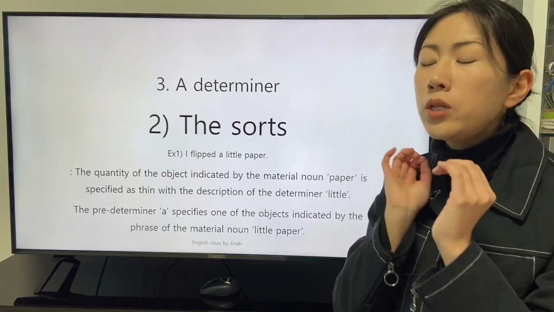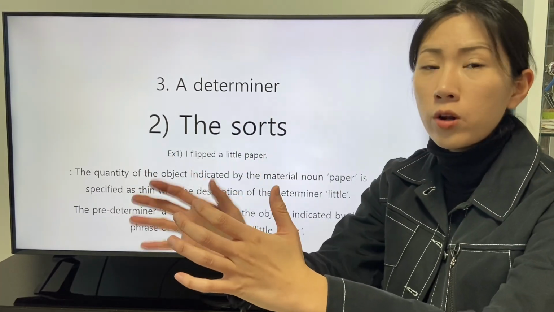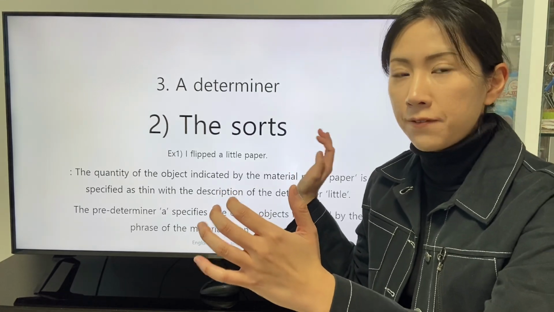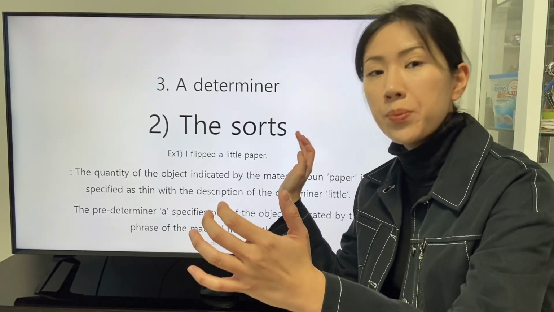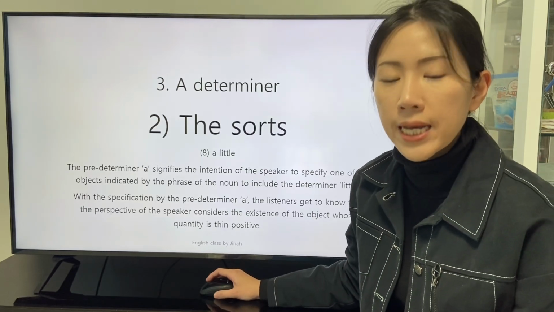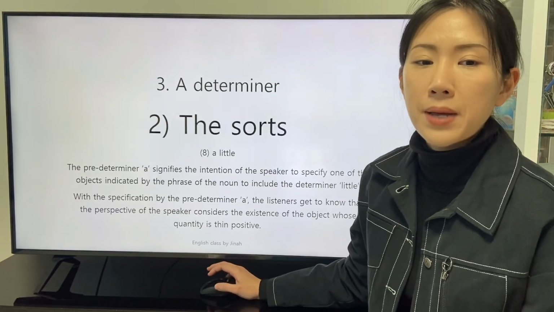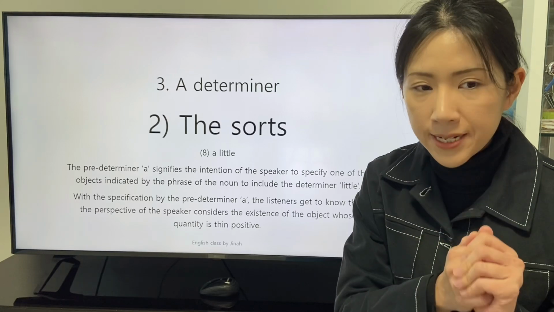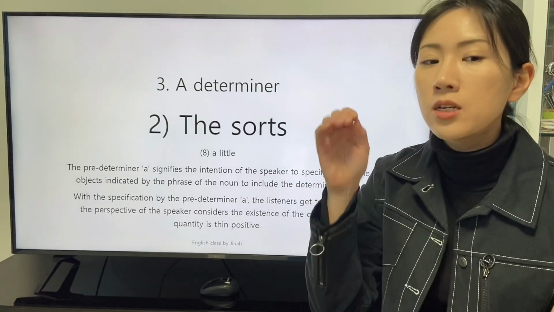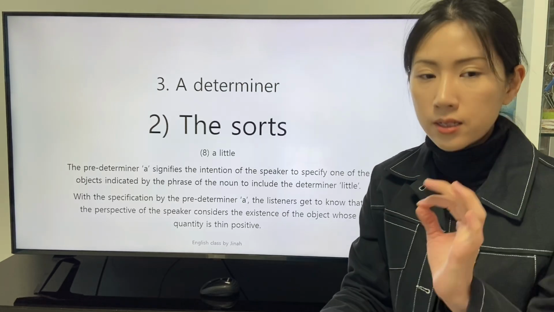The speaker only wants to indicate one of the bundle. To get the definition of the transitive verb flipped, the predeterminer a signifies the intention of the speaker to specify one of the objects indicated by the phrase of the noun to include the determiner little.